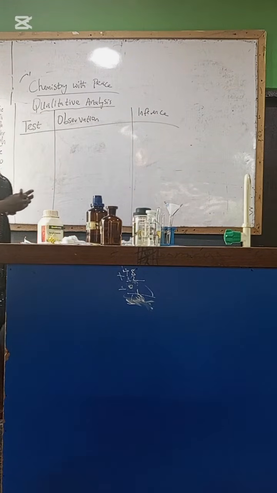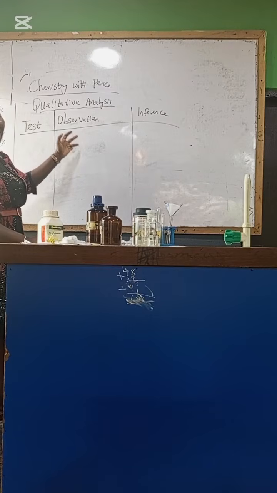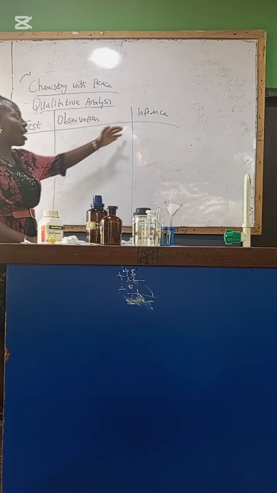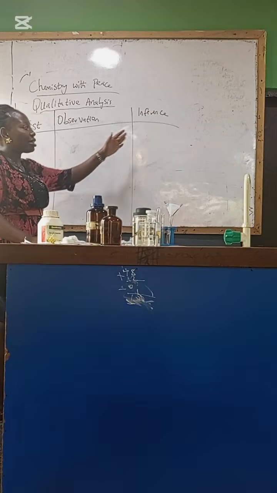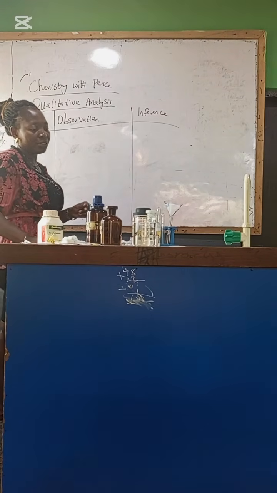Test is where you are going to write the instruction you are taking, the steps you are taking. Here is where you write the observation, what you are observing as you are testing. Then here is inference. This is where you will write the results of your observation.